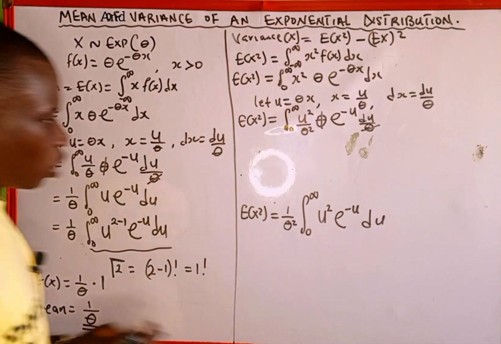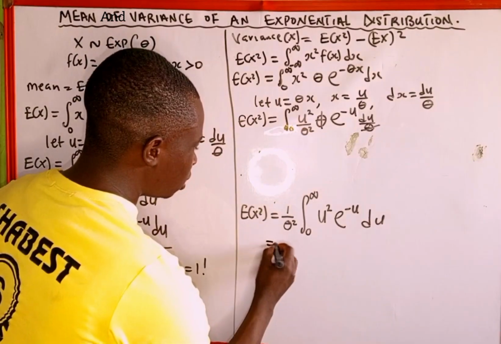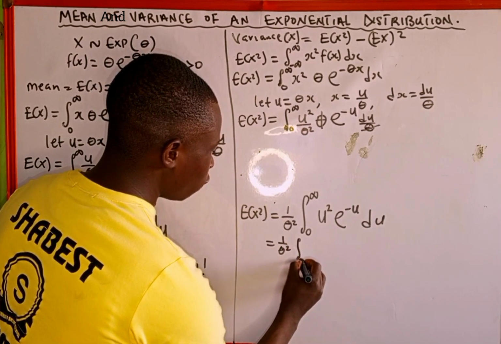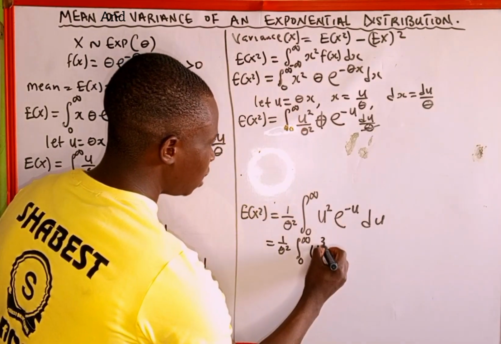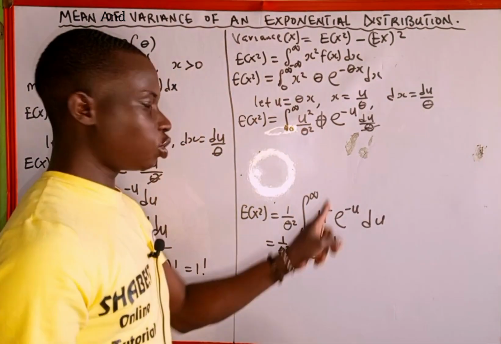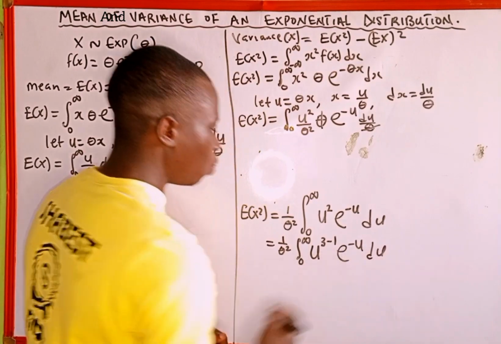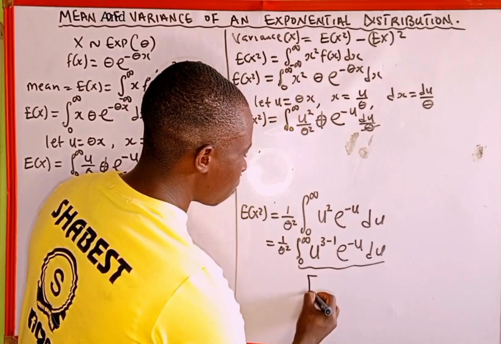Now, the whole of this can also be rewritten as 1 all over theta squared, integral from 0 to positive infinity of u to the power of 3 minus 1, and 3 minus 1 is the same as 2, then exponential of minus u du. And the whole of this is the same as gamma of 3.